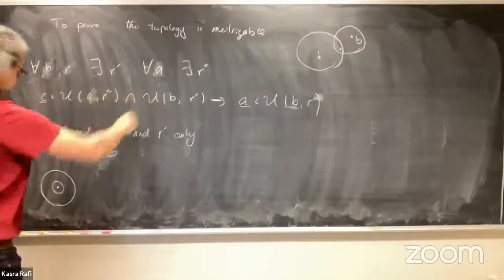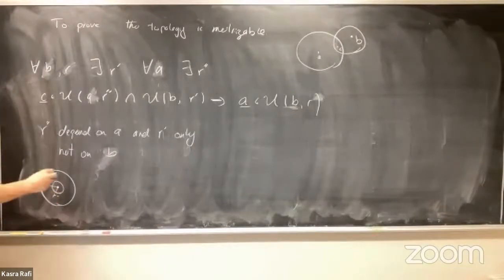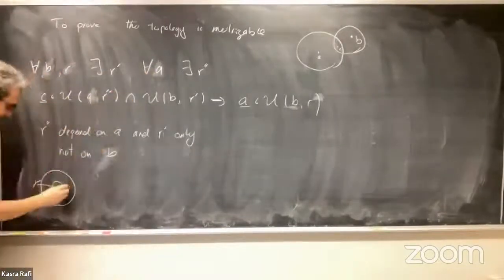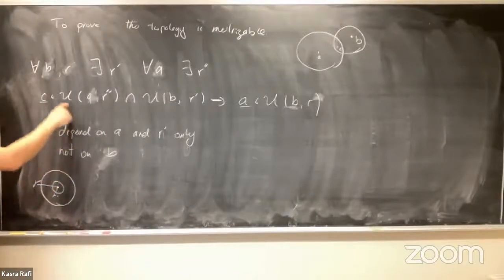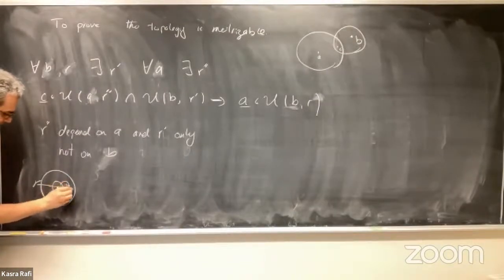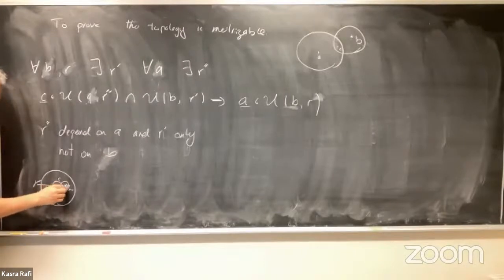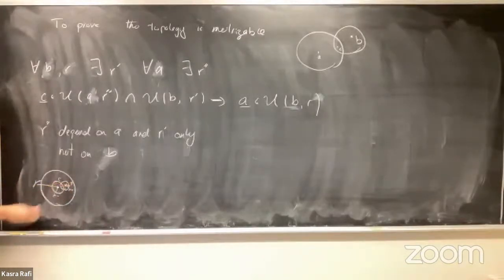So for every R, there exists an R prime, such that if I pick any A, there exists for every A, there exists an R double prime, such that, so this is A, such that if a point C happen to be the intersection of this R prime and R double prime guys, then A, which was here, this is A, this is C, A is actually in the original set.